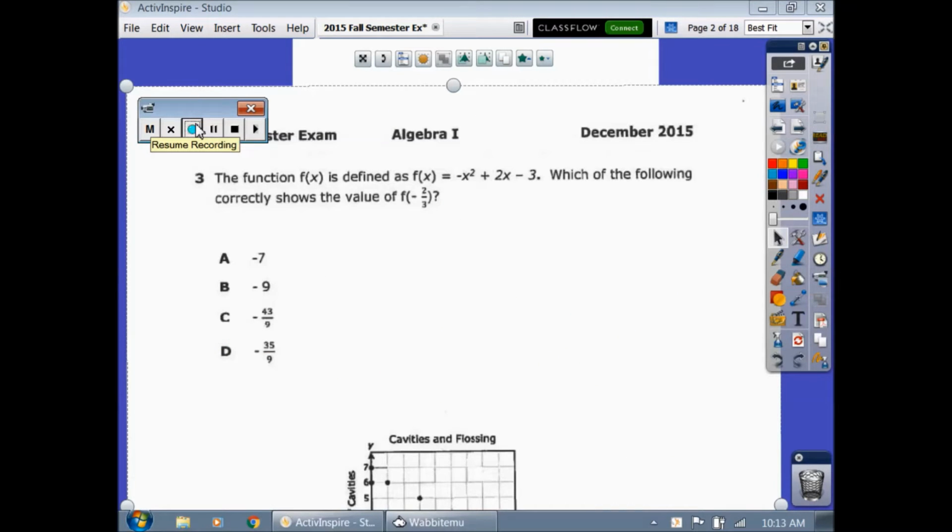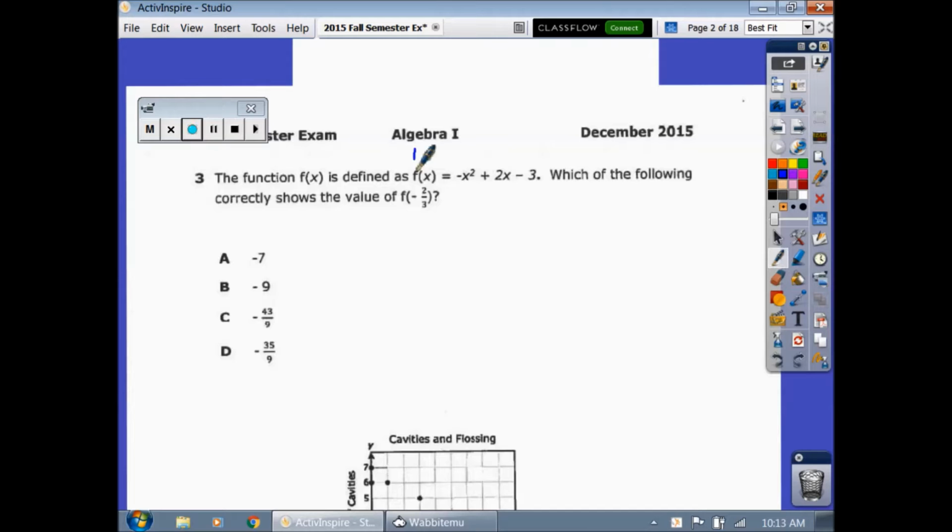The function f of x is defined as f of x equals blah, blah, blah. They give you this equation. We're going to put it in kid-friendly terms. Instead of using f of x, we're going to write it as y equals negative x squared plus 2x minus 3. Which of the following correctly shows the value of f of negative 2/3?